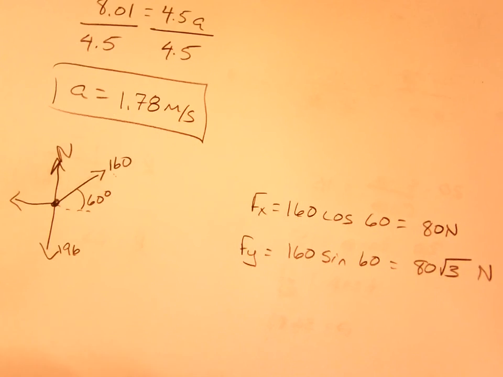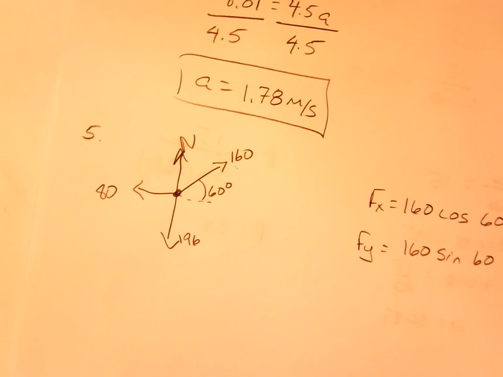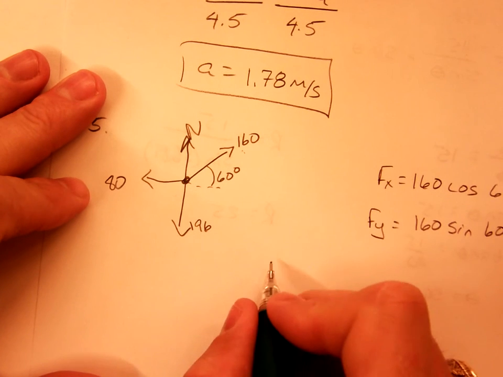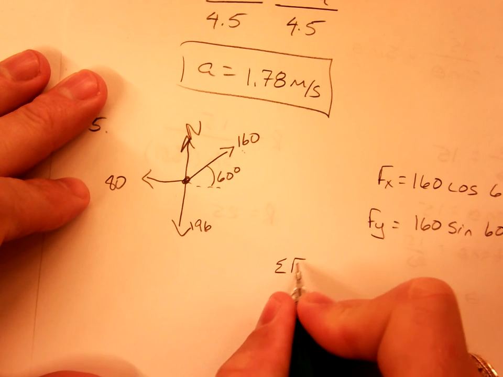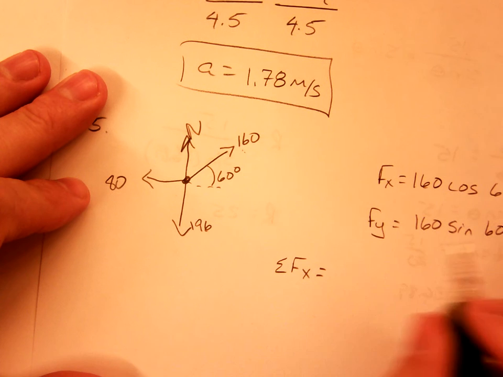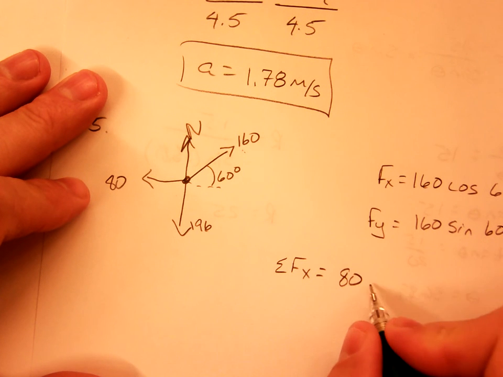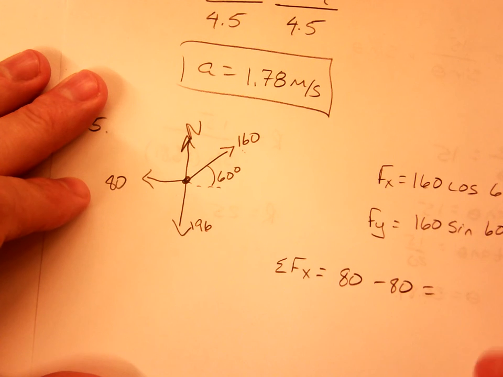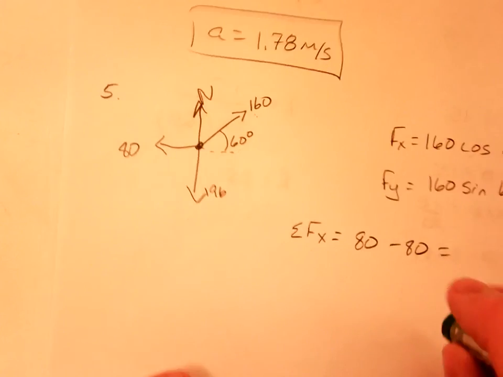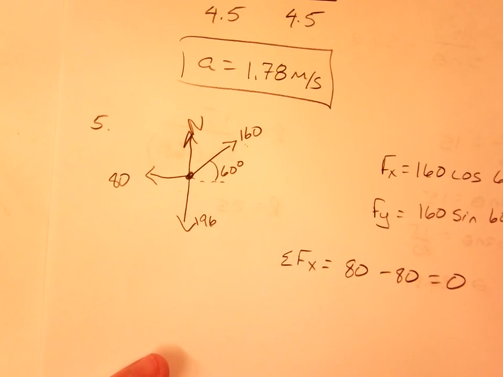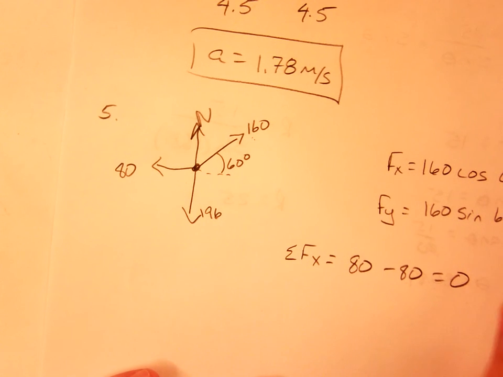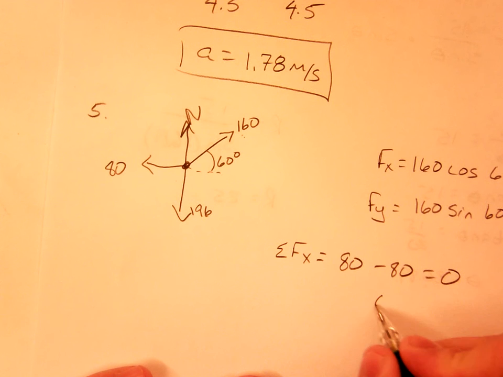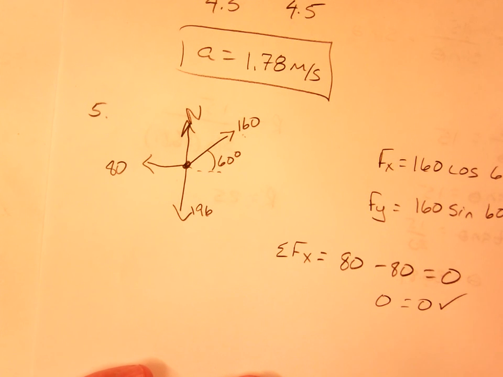So, all right. They want to know what's the normal force. Well, I'm going to go about this the same way. So, sum of forces in the x direction is equal to 80 minus 80. And that actually equals 0 here. It's not moving. Actually, none of it's moving, so it's all equal to 0. So 0 equals 0, that checks out.